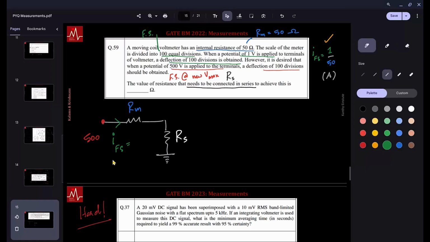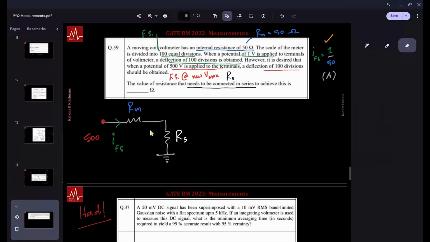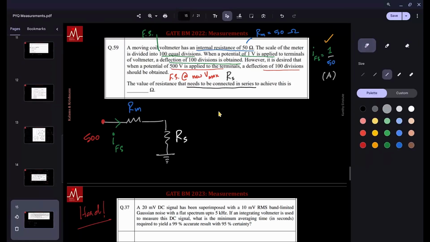Let me write it in our standard form: Vmax, RM, RS, IFS. Given any three, we can find the other. This is given, this is given, this is given. They want you to find this. What is the equation? This is fairly straightforward.